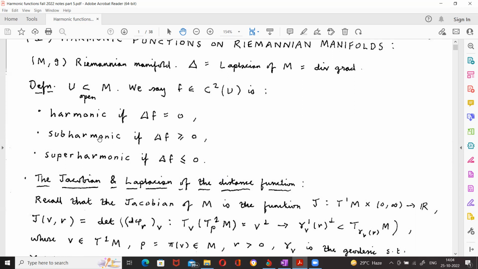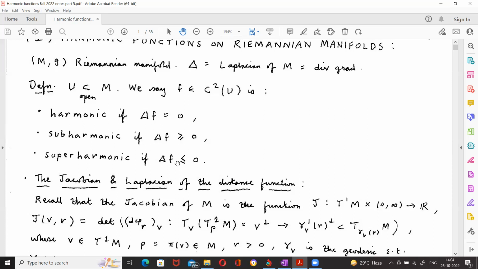And subharmonic functions will be those whose second derivative is greater than or equal to 0. So those would be what? Convex functions, right? And superharmonic functions would be concave functions, right?